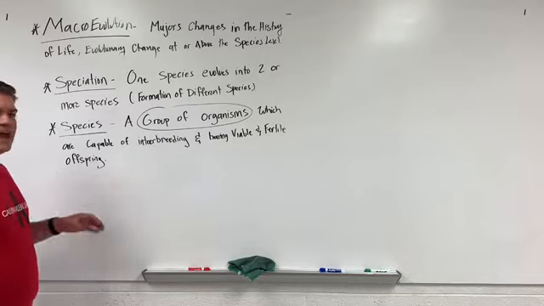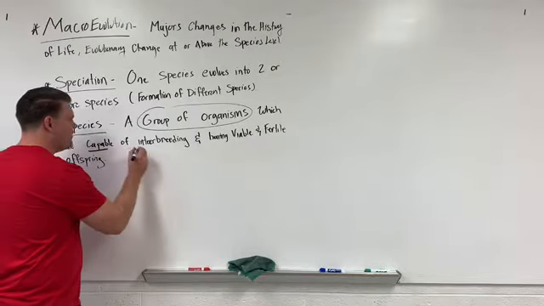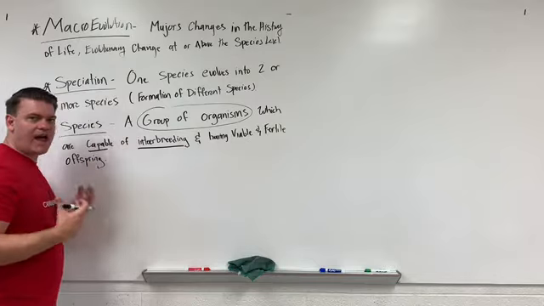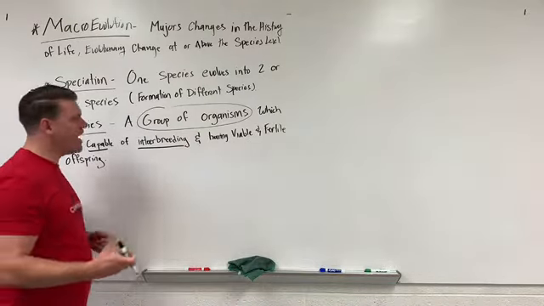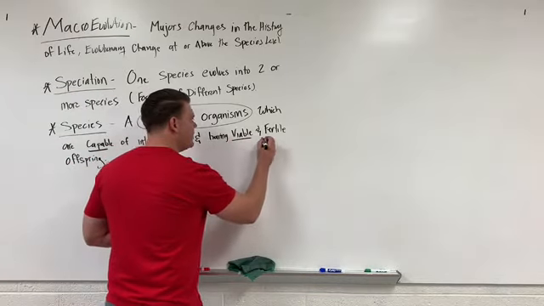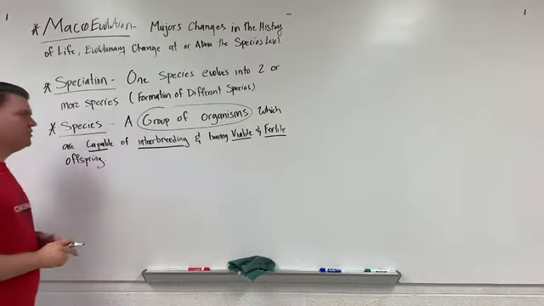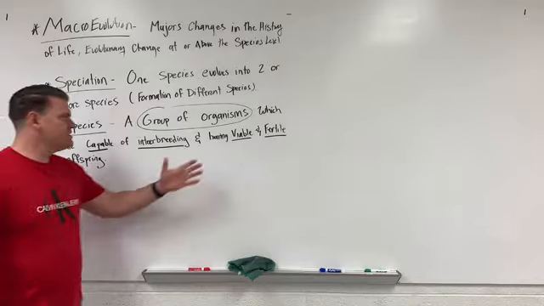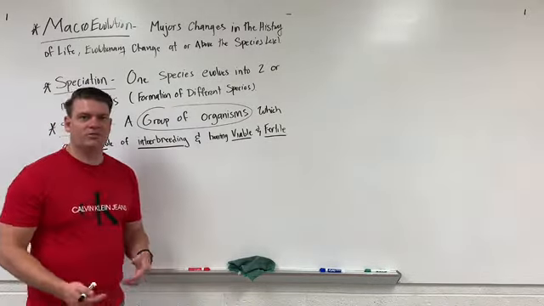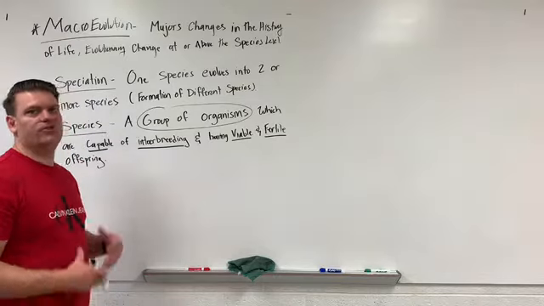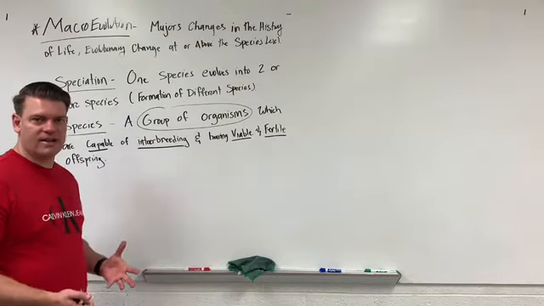And they are capable of interbreeding, so they have to be able to have offspring, and that offspring has to be viable and fertile. All right, so viable means that they're able to live, right? They're able to actually go out and get their food, find their shelter, find their water, all that kind of stuff.